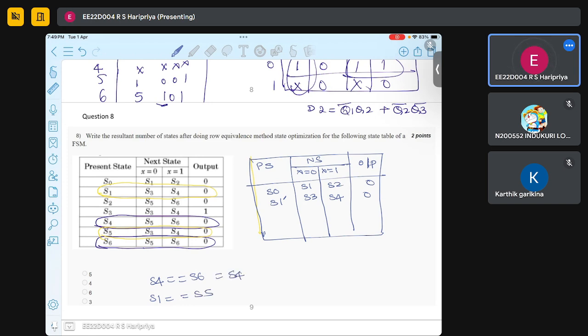This will be called as star 0. And S2, S5, S6, 0. S3, S3, S4, star 0.